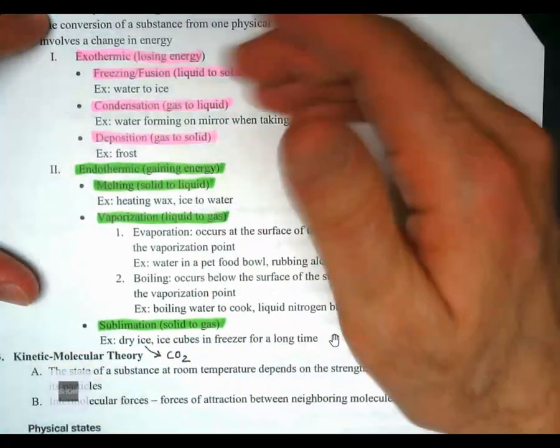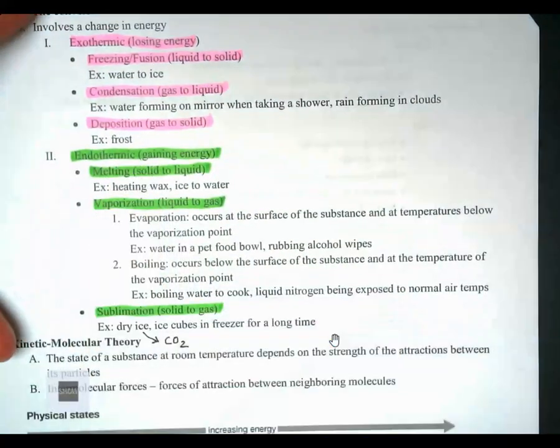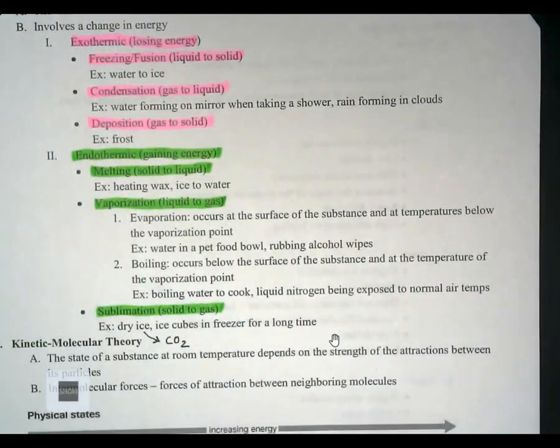All right, there's three of them. Freezing and condensation, you're probably a little more familiar with. Deposition. Deposition is turning from a gas to a solid without going to a liquid in between. Goes directly from a gas to a solid. So the example I have there is frost.